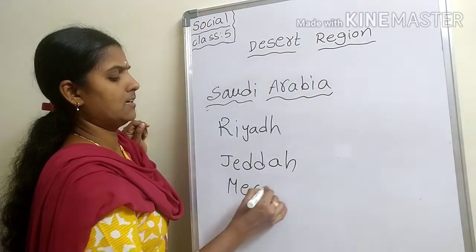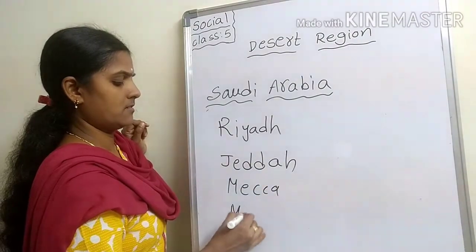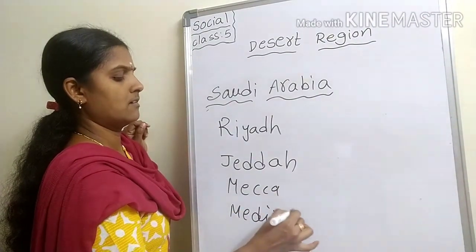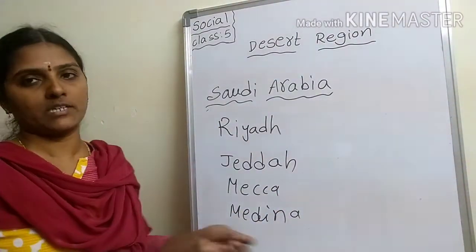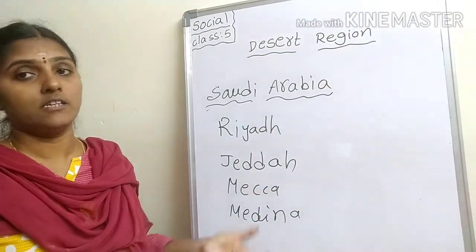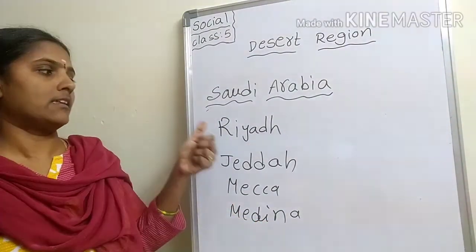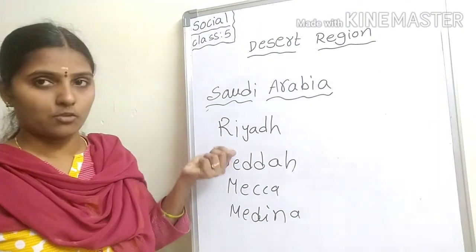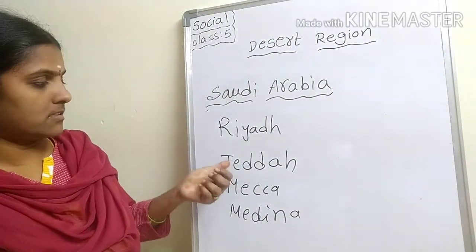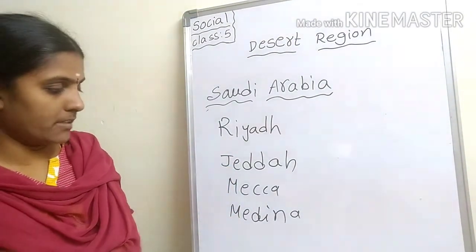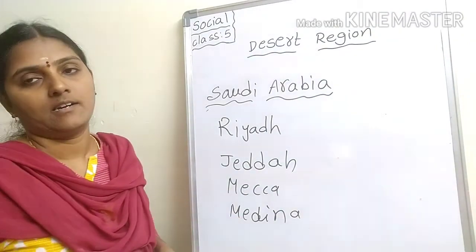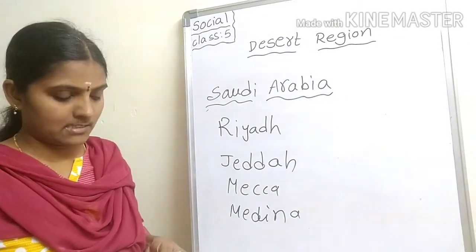Riyadh is the capital city of Saudi Arabia. Jeddah, Makkah and Medina are other important cities.